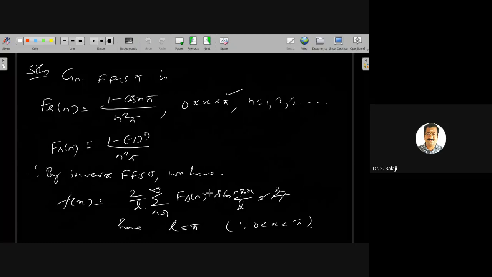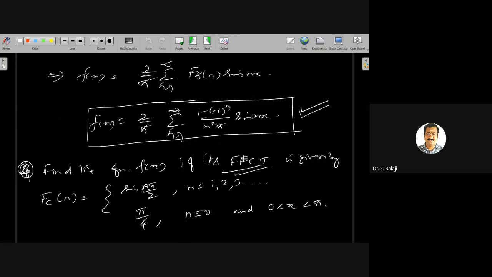You know the inverse finite Fourier sine transform, f of x is approximated by a Fourier series: 2 by L summation n equal to 1 to infinity Fs of n sin n pi x by L. Here L equal to pi because x varies from 0 to pi. Replacing L with pi, f of x can be written as 2 by pi summation n equal to 1 to infinity Fs of n sin n x.